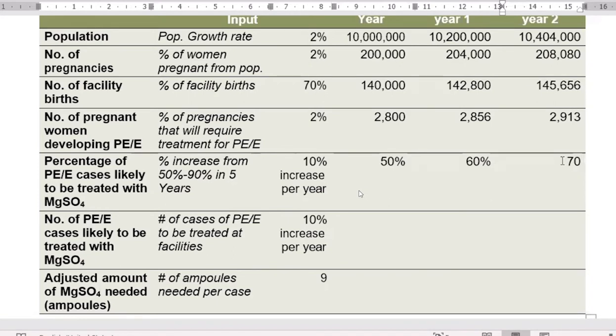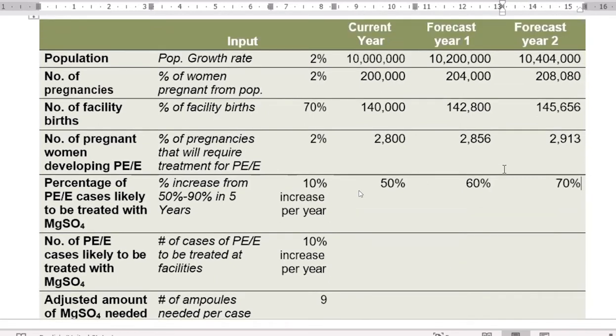So we are merely adding 10%. This is our forecast based on the statement here, increase from 50 to 90% in 5 years. If we were focusing on 5 years, the next value would have been 80%, then 90% in the 5th year. But since we are focusing on 2 years, it would just be 70%.